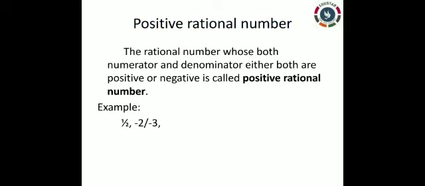The first type is the positive rational number. A rational number whose numerator and denominator are either both positive or both negative is called a positive rational number. Example: 1 by 2, minus 2 by minus 3. Look at these examples. Both the numerator and denominator of these numbers have the same sign.